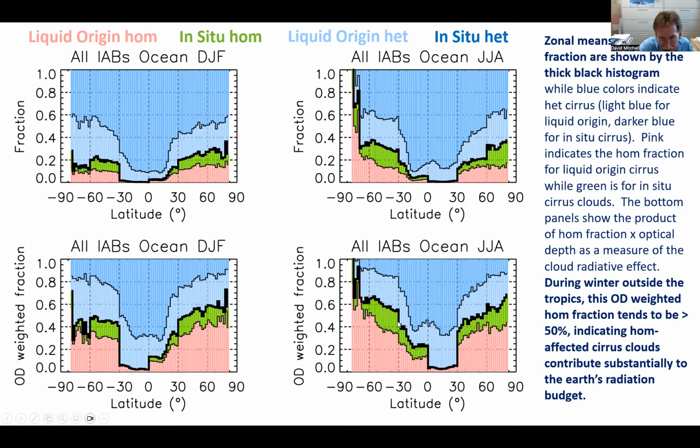It's certainly related to the cloud radiative effect when you multiply it by the optical depth. So it's more than 50% outside the tropics. So the bottom line is that we think these hom cirrus clouds are making a substantial contribution to the Earth's radiation budget.